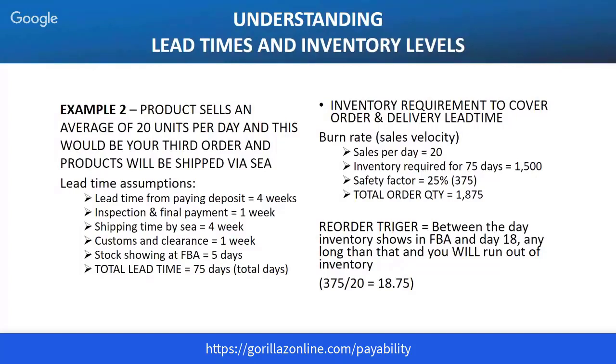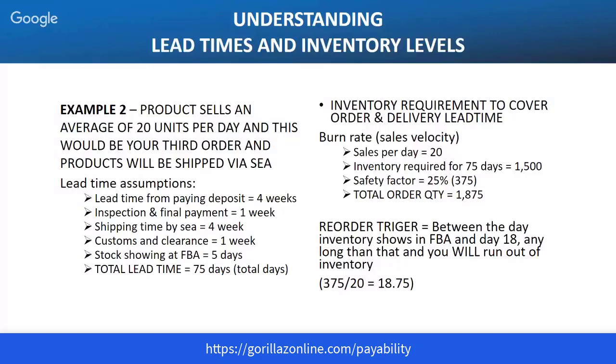So lead time assumptions. Lead time from paying a deposit, 4 weeks. Inspection and final payment, again, that's going to be a week. Shipping time by sea is 4 weeks. Customs clearance, 1 week. Now, shipping time by sea, by the way, is actually the vessel on the water time. So you've obviously got a little bit of paperwork and logistics in China.